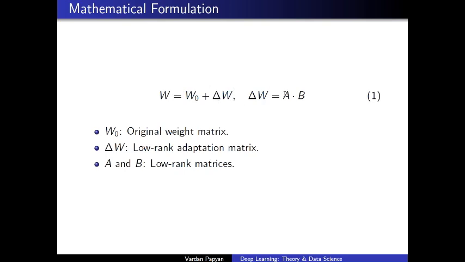These new parameters originate from the multiplication of these two matrices A and B. Please note that they are low rank matrices, because if they are high rank, why should we fine tune them? Why don't we fine tune W0 instead? So we are adding delta W, that is low rank, instead of the high rank W0, to adapt it and fine tune it easier.